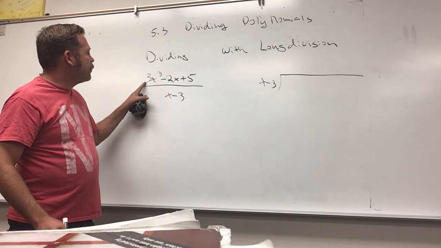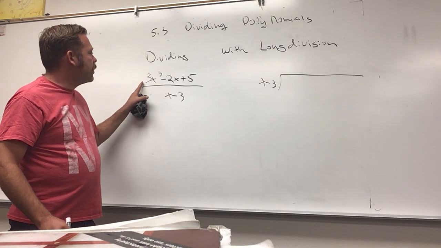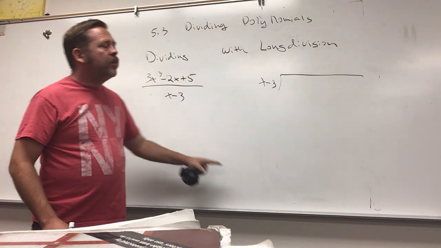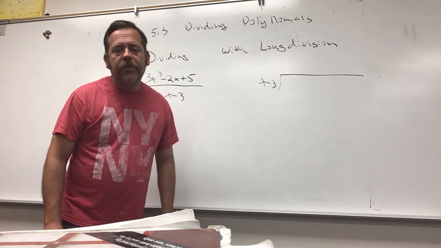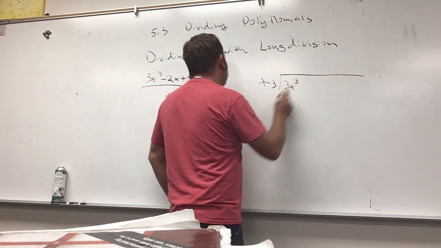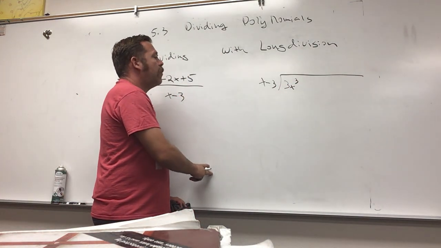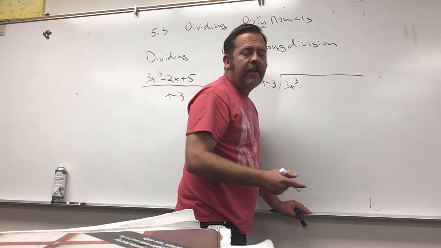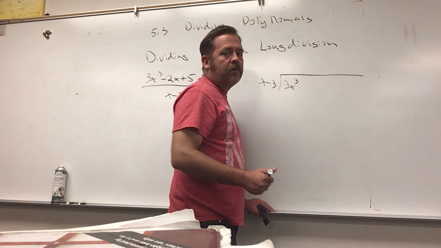But look at this one. I want you to notice that there's no x squared term, but you have to put a placeholder for the x squared term. So I'm going to start this with 3x cubed, but if there's no x squared, I need to keep things lined up, and everything will get all out of whack if you don't put what's called a placeholder.